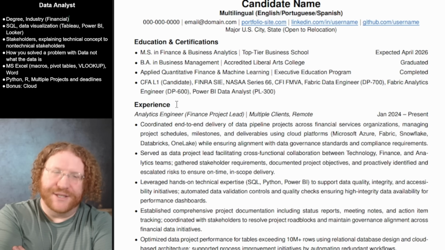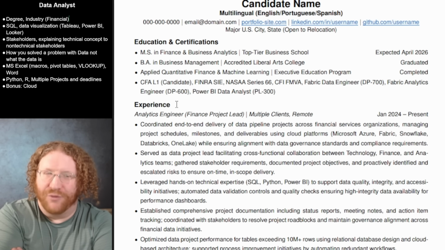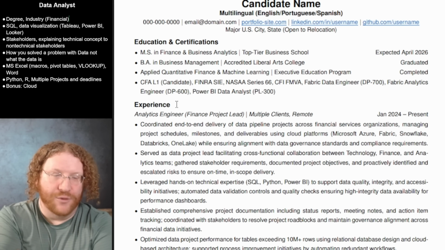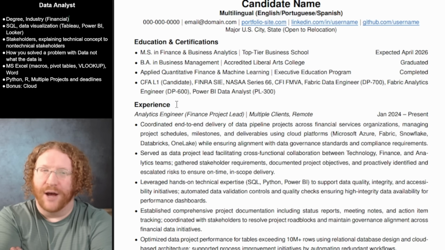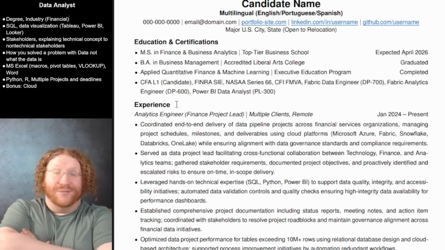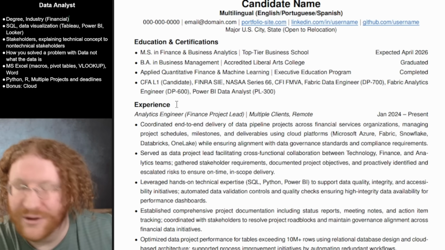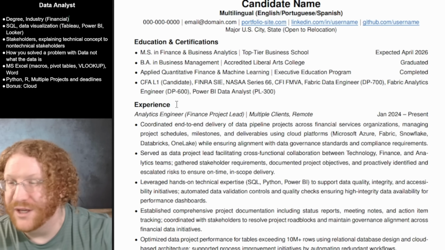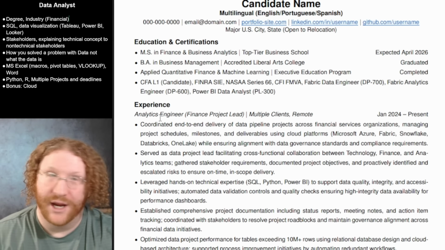So again, this is a bit of the problem: if the people reviewing your resume for real, both the hiring manager and the recruiter, can't tell what you do, and they think you applied to the wrong job, you're going to have a problem. So while some of this stuff may work for a data engineer, or maybe a project manager, these are not good bullet points specifically for a data analyst.